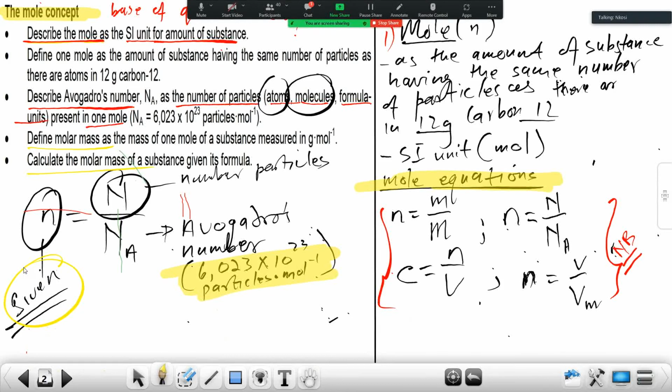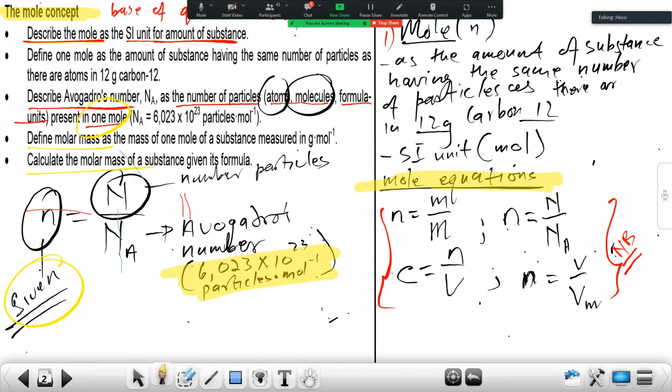Manuku, the number of particles as per definition is in one mole. So it does not mean if we have 0.5 mole, we cannot calculate the number of particles. Remember, we are quantifying. We are interested in the amount of the substance thereof. So what it basically says is the one mole is a general statement of the Avogadro number.